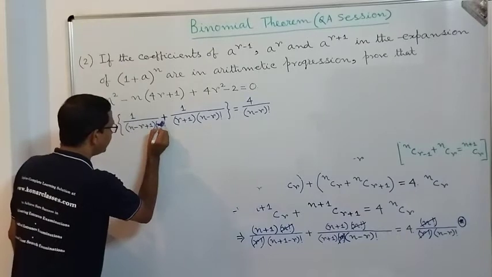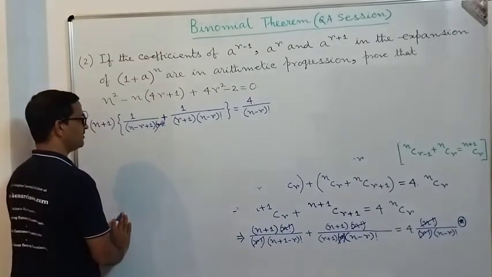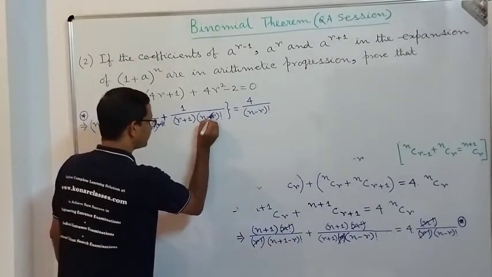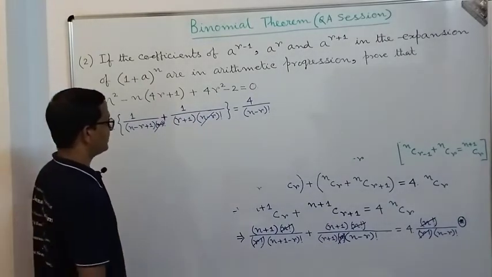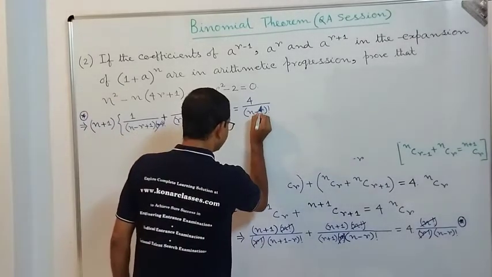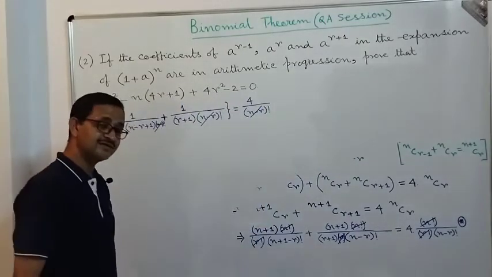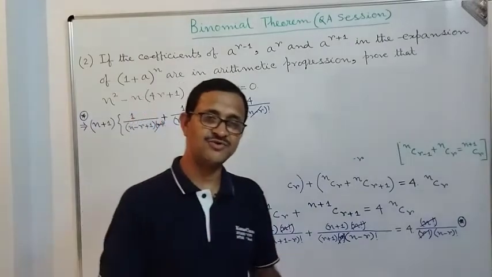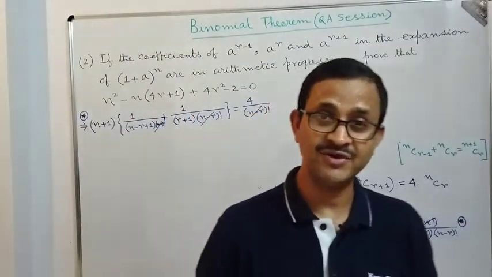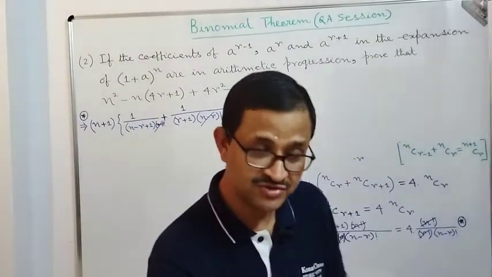Now this n minus r factorial in the denominator of the first expression, and in the denominator of the second expression in the left hand side, got cancelled with the n minus r factorial in the denominator of the right hand side expression, correct? Now all this factorial we are able to cancel, because factorial of any number cannot be equal to 0.